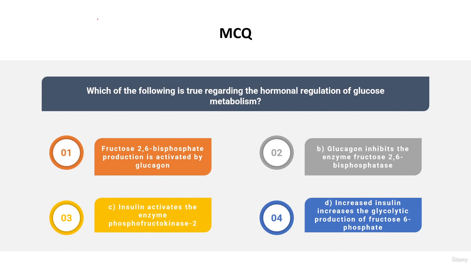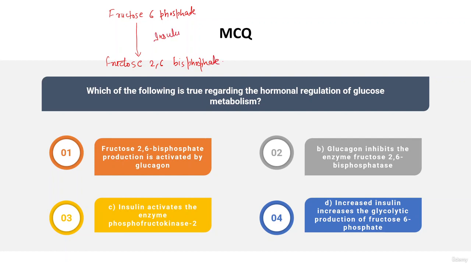So as you have remembered, what I told you in the glycolysis part 2 video: glucose is transformed into fructose 6 phosphate, and fructose 6 phosphate is converted to fructose 2,6-bisphosphate.